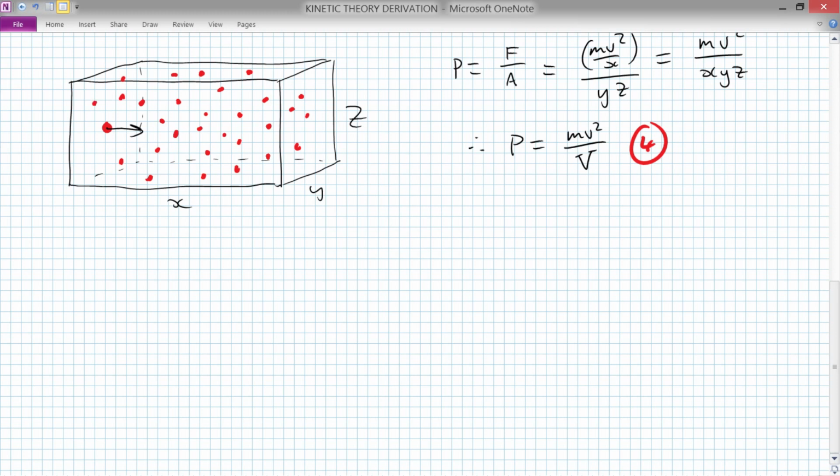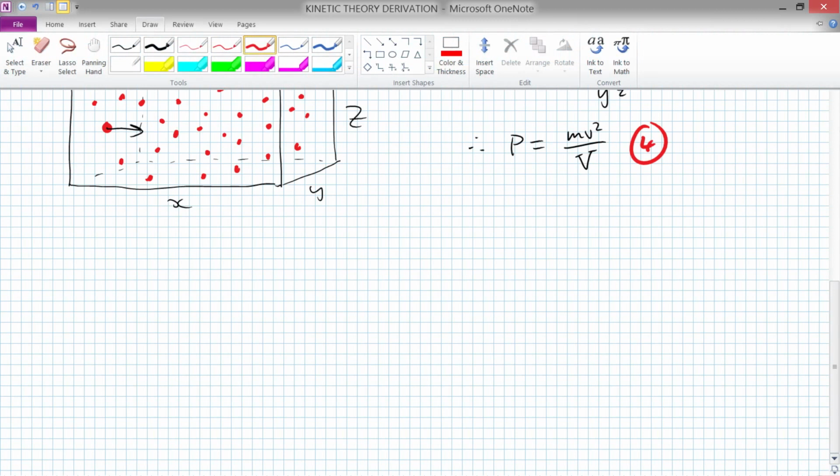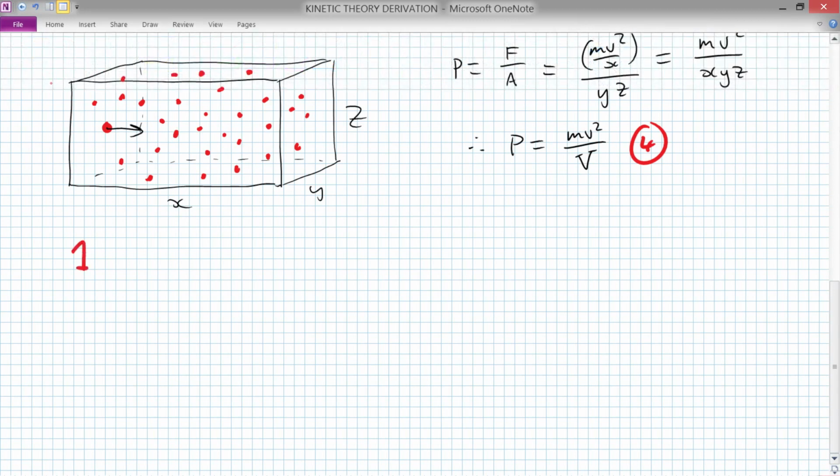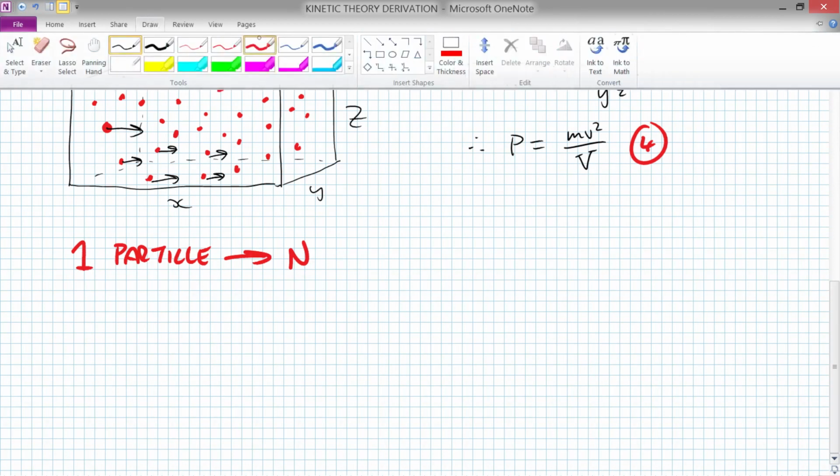So why not just say, instead of that, we've got n particles, so we're going to go from one particle to n. Now, all of these particles are still all travelling left to right, boring, same speed for now. But what happens when we multiply up, when we've got more particles?